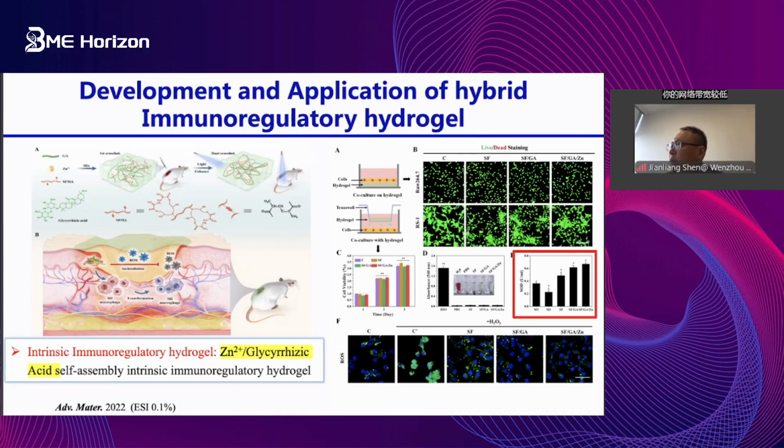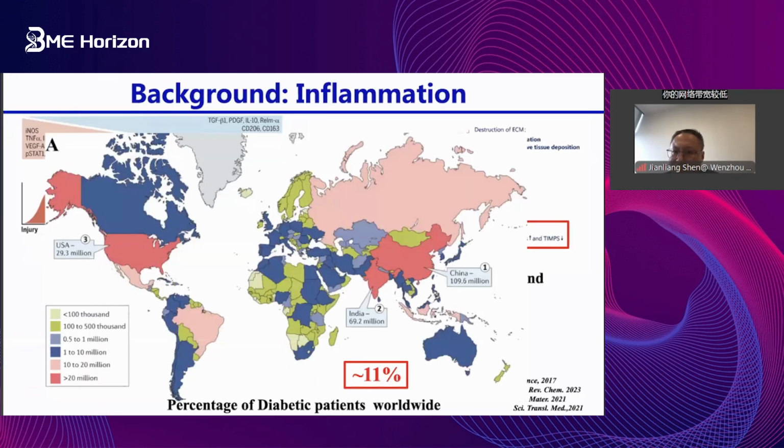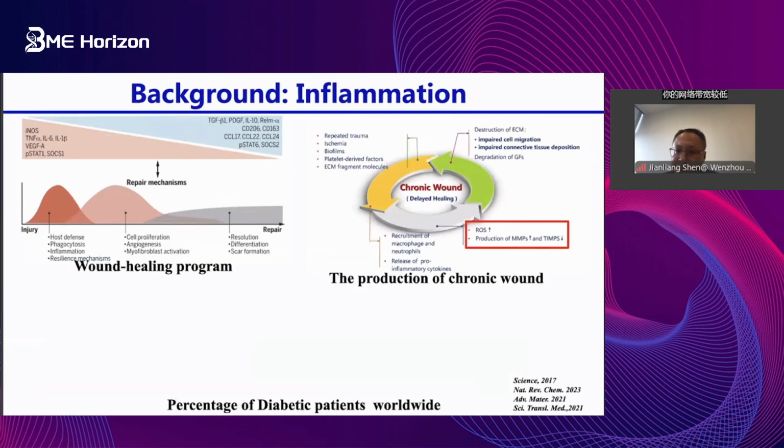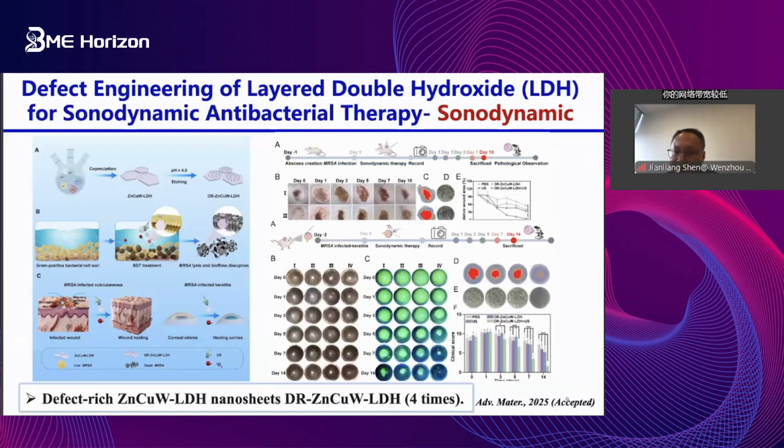Actually, this is a very good question. When we use a hybrid system's property, like light, sonodynamic, or photothermal therapy, we need to think about side effects. When we design a hybrid system like the MXene hybrid system, as you said, such materials also have the ability to do photothermal therapy.